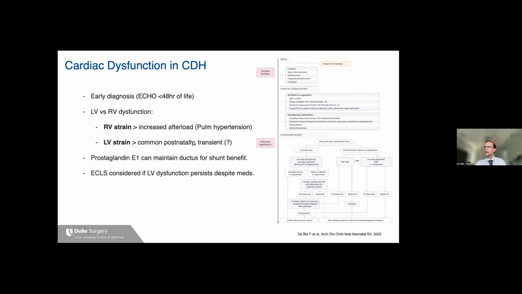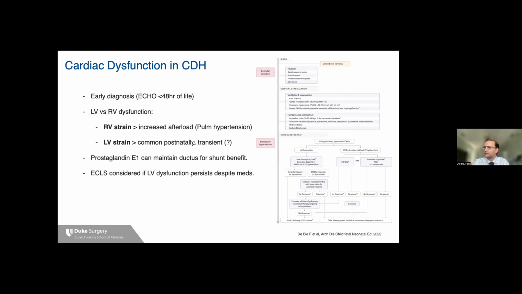Looking at the cardiac dysfunction, again, the early diagnosis of cardiac dysfunction is key to be able to know and tend to what the cardiac needs are. The key differentiation is whether it's a more right ventricular strain or left ventricular strain or a combination of both that is causing the heart to fail.